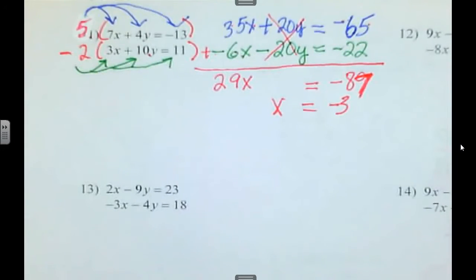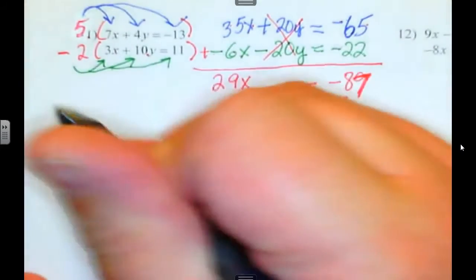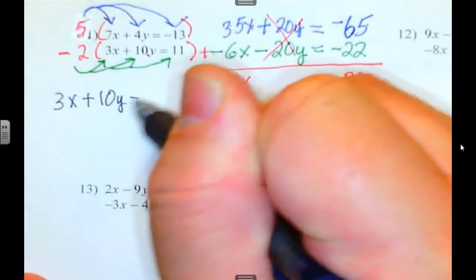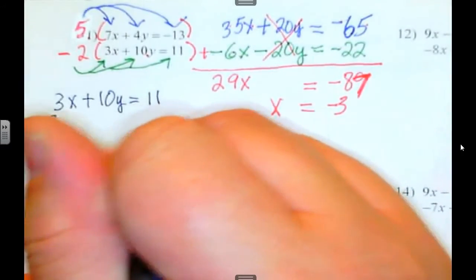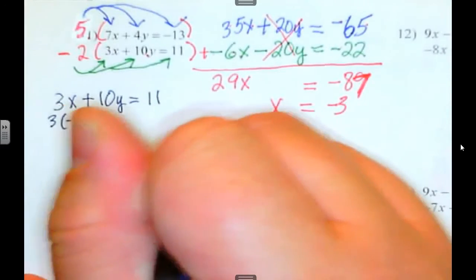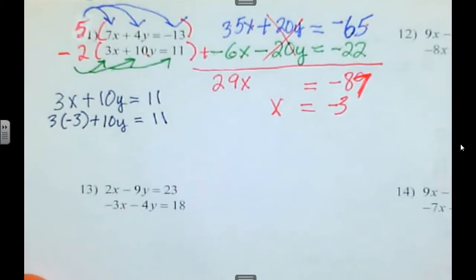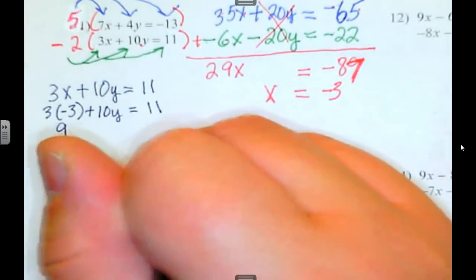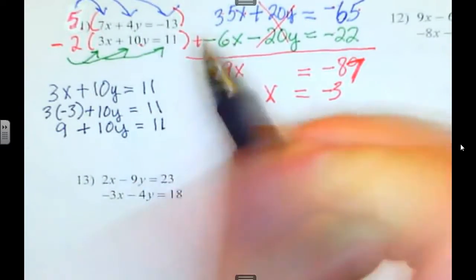All right, I'm going to choose one of the original equations. 3x plus 10y equals 11. I know my x is negative 3. So 3 times negative 3 plus 10y equals 11. Solve for y. 3 times negative 3, 9 plus 10y equals 11.